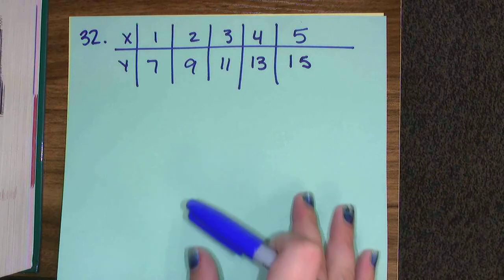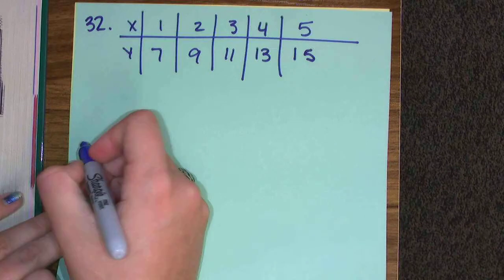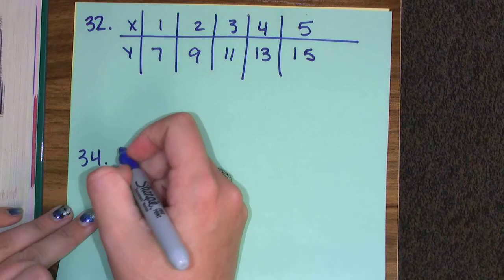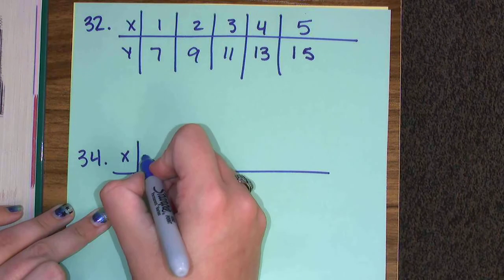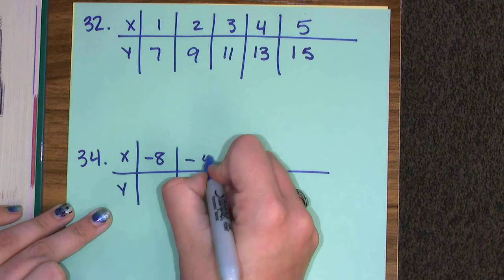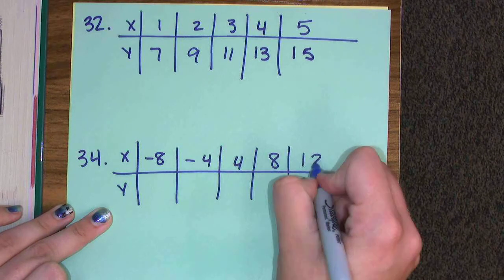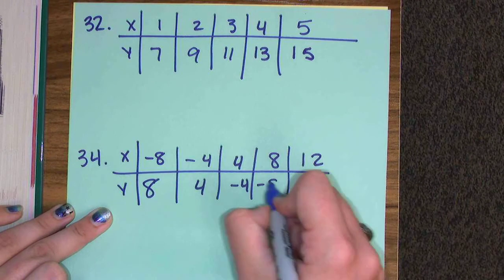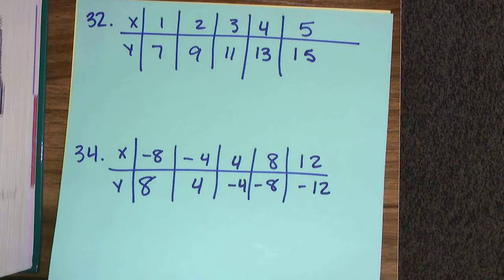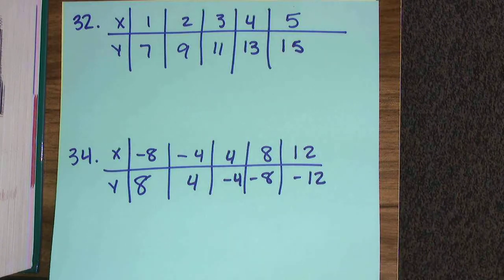Hold on, let me do both and we're going to compare them and see if y'all can figure out which one is direct variation, and then we'll talk about them. Alright, so there's your two tables. Can y'all tell just by looking at it which one's direct variation?